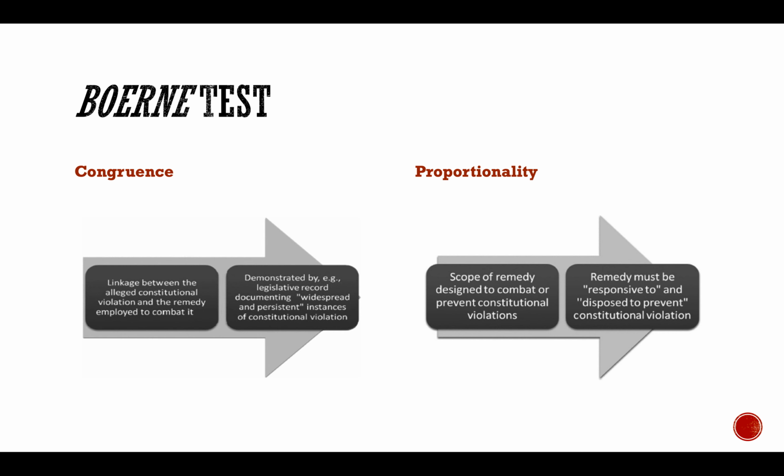Proportionality now looks more closely at the statute to see if the statutory remedy is in fact designed to address the wrong. As the diagram says here, the remedy must be responsive to and designed to prevent the constitutional violation. It can't be too broad. If it's too broad, like the RFRA was in Boerne, then the court says that the remedy is out of proportion to the constitutional wrong.